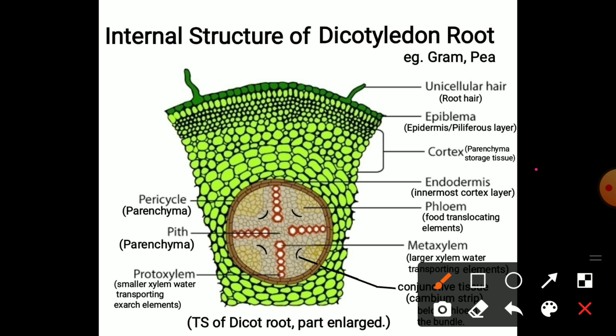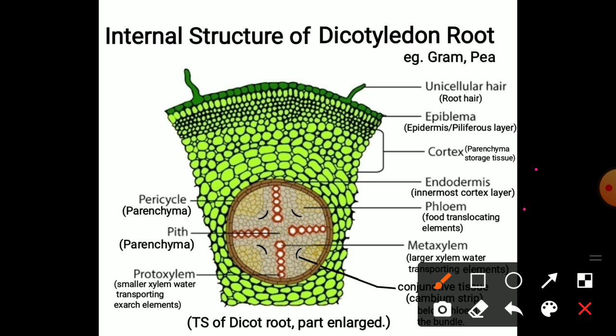In this description of a dicot root, we have to remember the features related to how many radial vascular bundles are there and what organization they show.